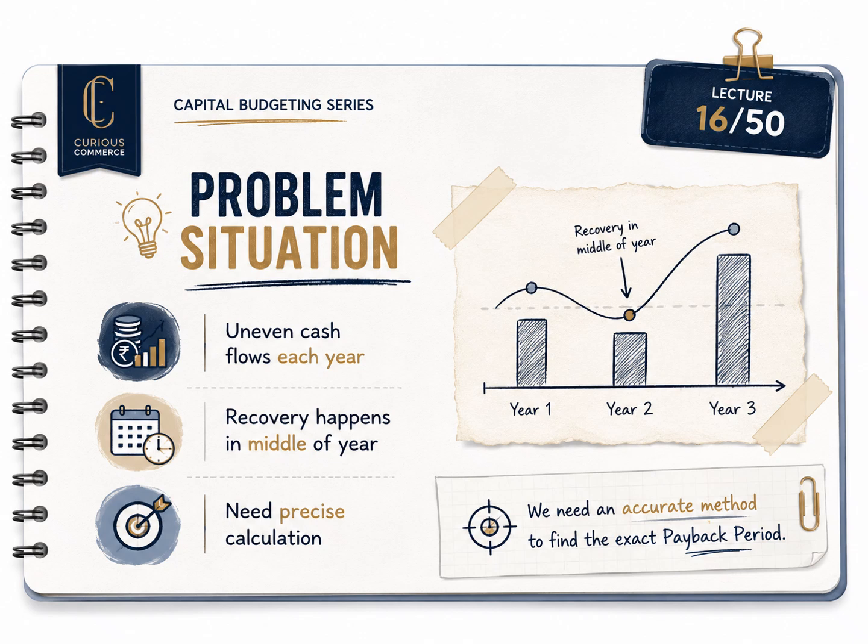Now, logically, we do not need the full year to recover the remaining 10,000 rupees. We only need half of that year. So, instead of saying 4 years, we calculate exact recovery time, that is called fractional payback period.